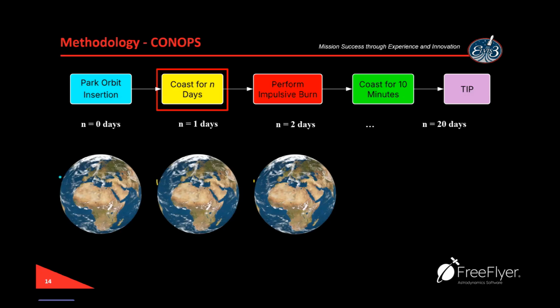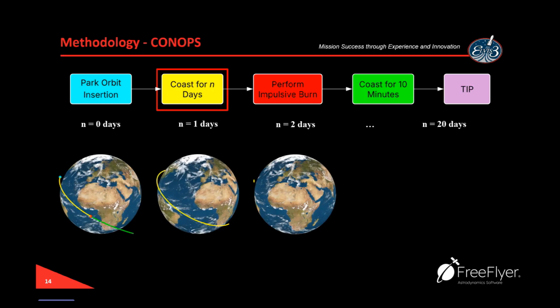And just to kind of bring this home, here's another animation showing these different trajectories. So on the far left here, we have the first trajectory where we're loitering for 0 days additionally. So again, it just resembles your traditional mission. And then next, we loiter for an additional day on top of the original.